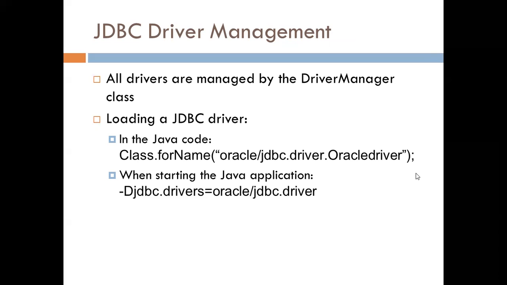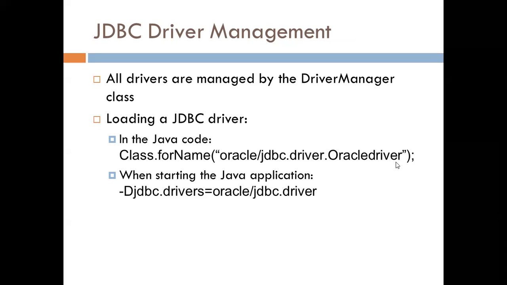If we are connecting to another database, maybe SQL Server or Windows IIS servers or MySQL, then a different driver class name will be specified here. This is a single statement which we are using.